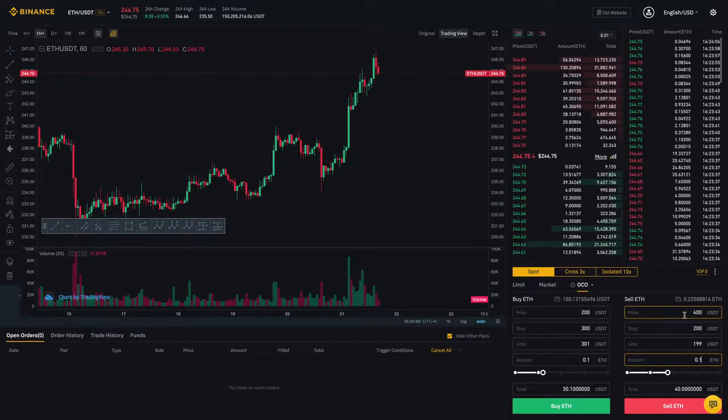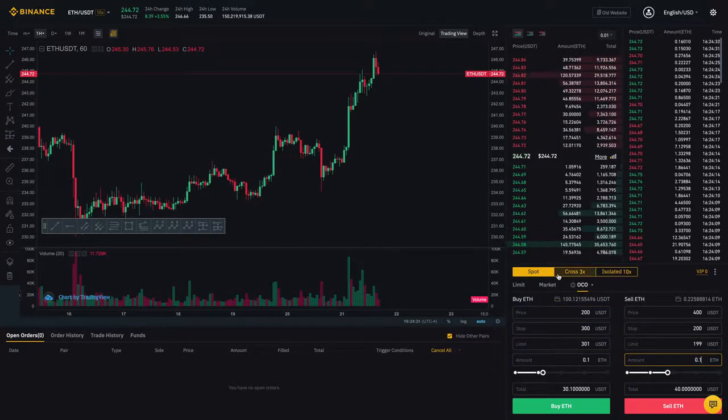If Ethereum goes to $400, I will sell 0.1 of it. Or if this happens first, or either one, if Ethereum goes to 200, I automatically sell. So one order will cancel the other. So that's what that means for OCO on spot market, right? So that's only for spot.